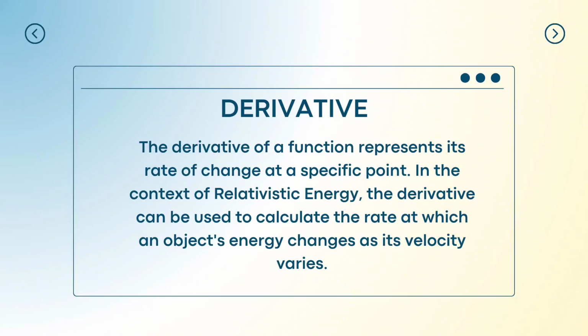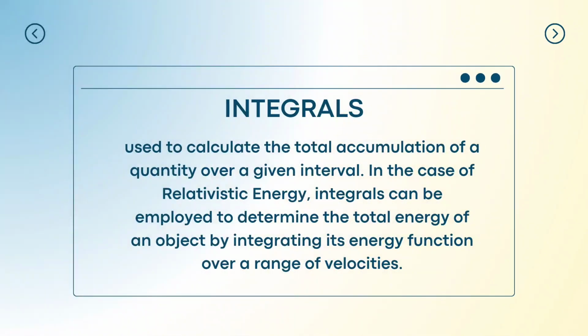Now let's move on to integrals. Integrals are used to calculate the total accumulation of a quantity over a given interval. In the case of relativistic energy, an integral can be employed to determine the total energy of the object by integrating its energy function over the range of velocities.